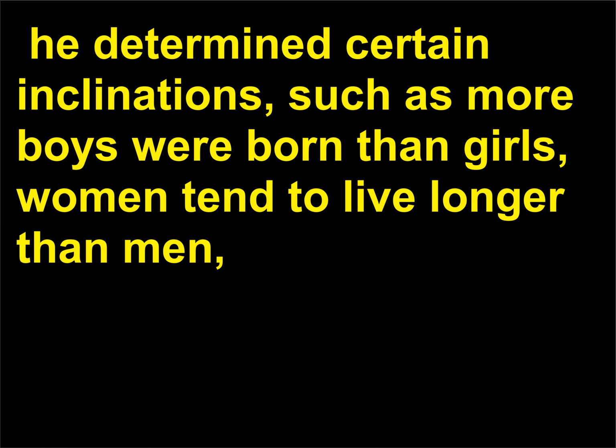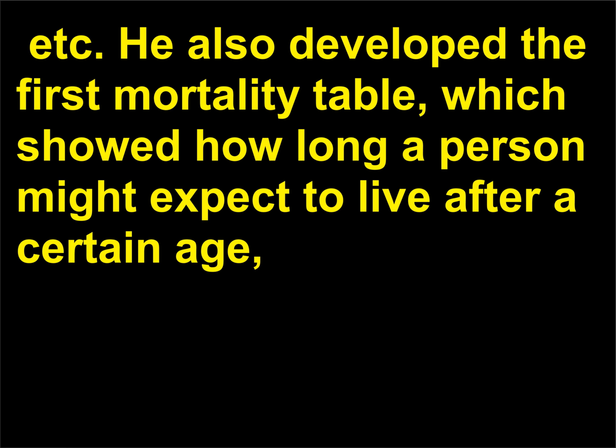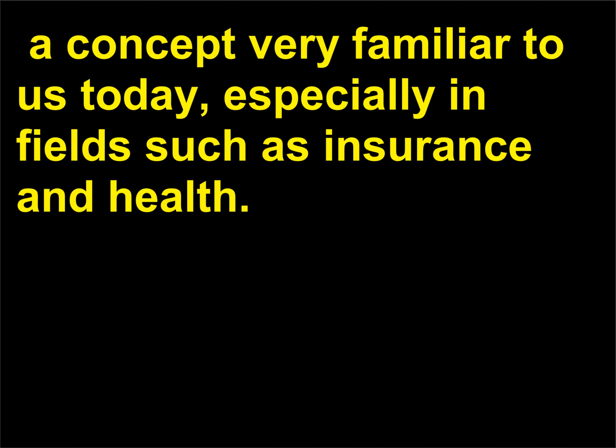He determined certain inclinations, such as more boys were born than girls, women tend to live longer than men, etc. He also developed the first mortality table, which showed how long a person might expect to live after a certain age. A concept very familiar to us today, especially in fields such as insurance and health.